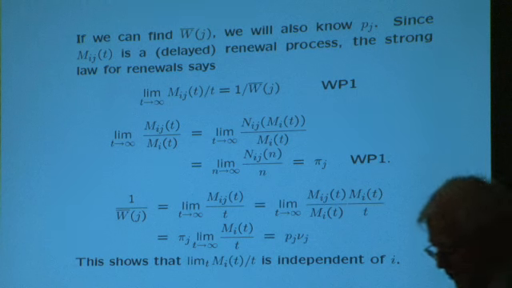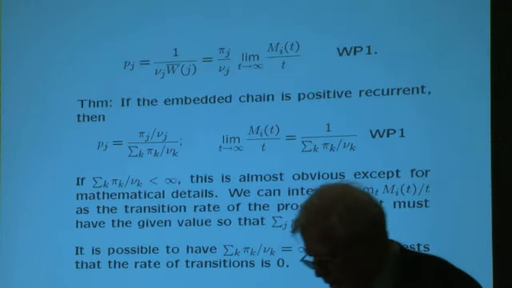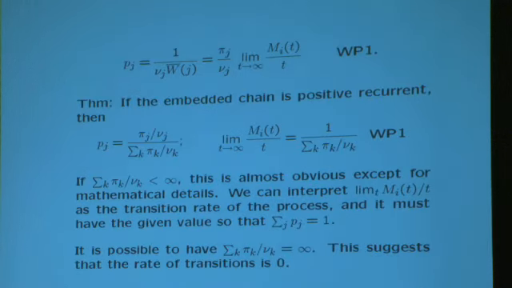Well, I do it on the next page, so let's go there. It says that P sub j is equal to 1 over nu sub j, w sub j, is equal to pi j over nu j times this limit here. Okay? So in fact, we now have a way of finding P sub j for all j.